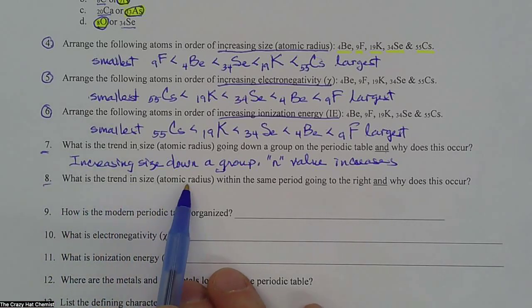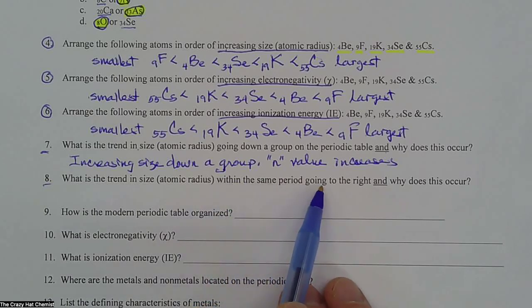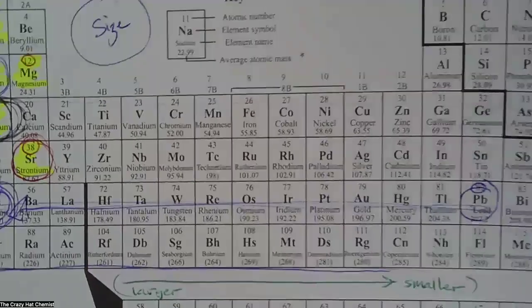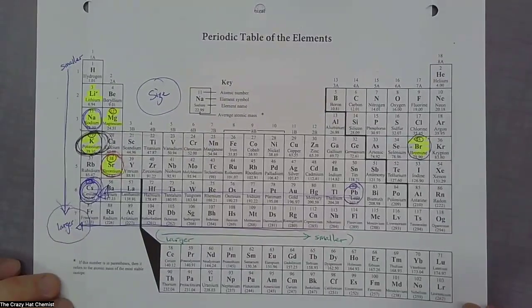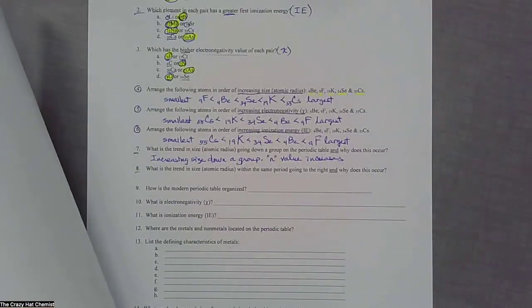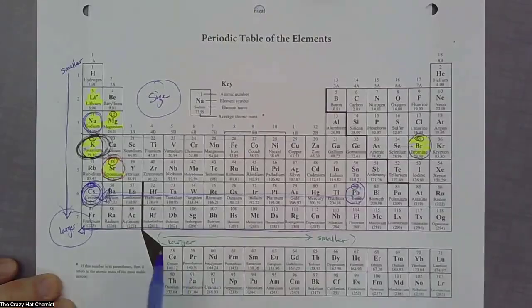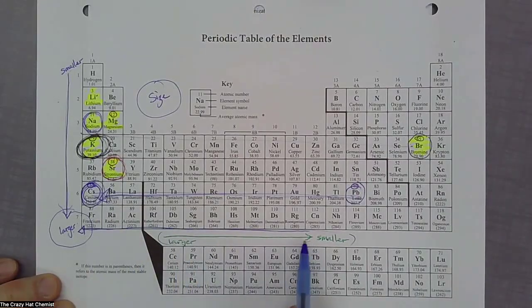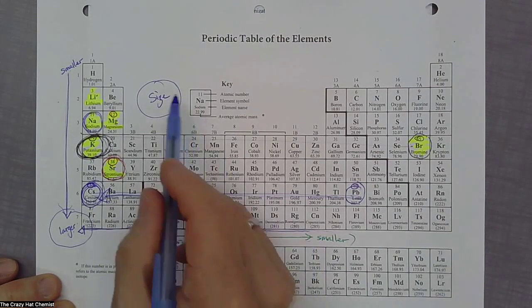What is the trend in size, atomic radius, within the same period going to the right, and why does this occur? So we're going to pull out a periodic table that we have already used here, and this is just the size periodic table. So as we go to the right, I said that it gets smaller in terms of size.